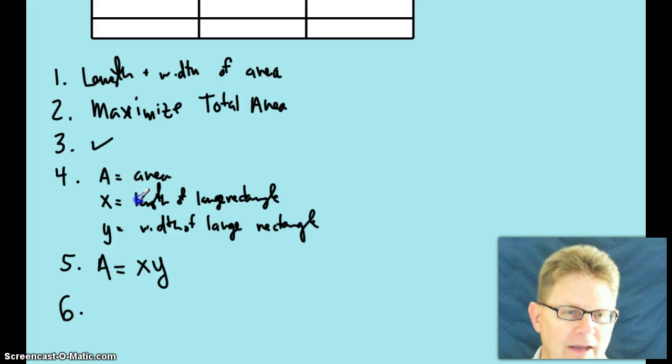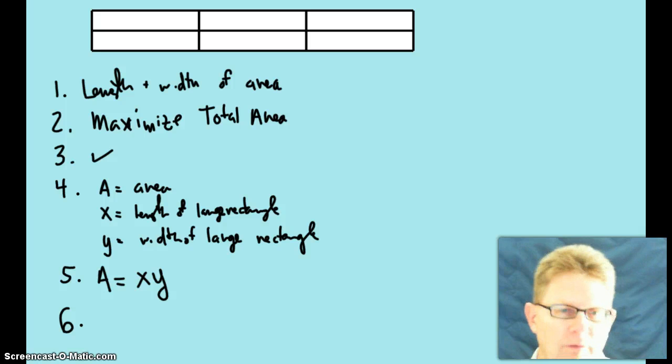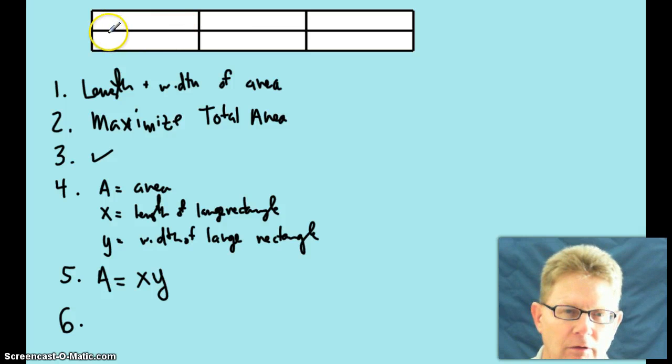Alright, we let X be the length and we let Y be the width. Let's go up here and look and see on our field how many lengths there are. Okay, where are we? Here we are. There's 1 length, so that's 1x. There's another length, and there's a 3rd length.